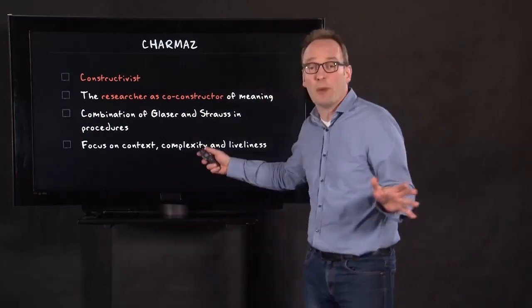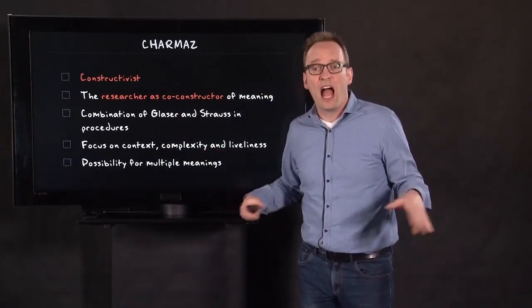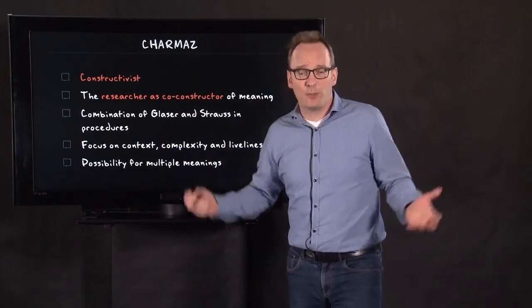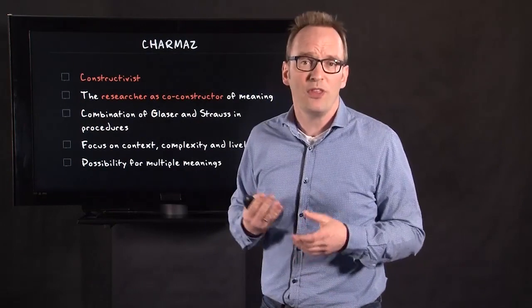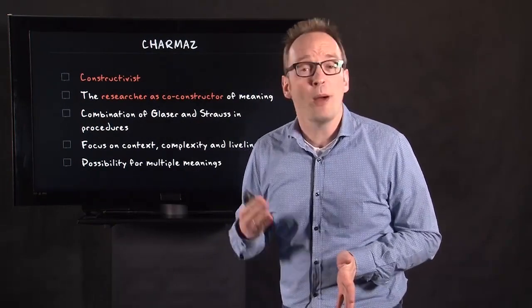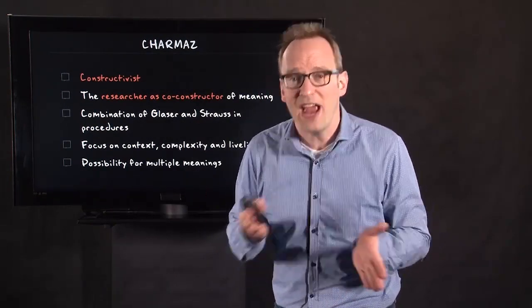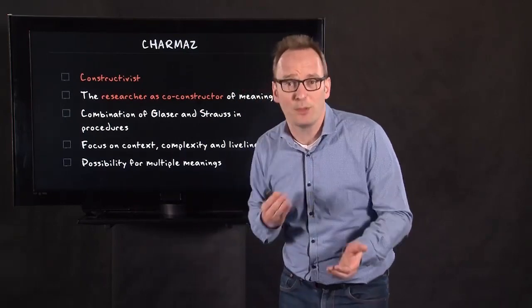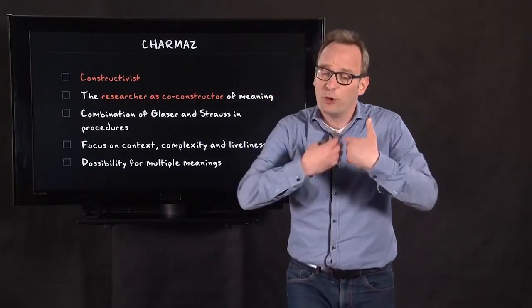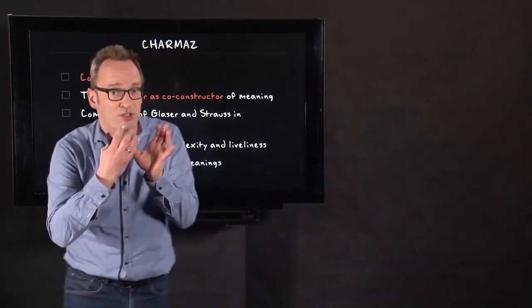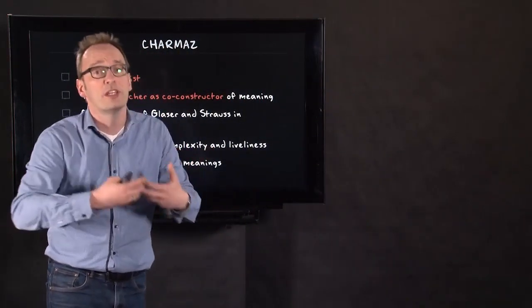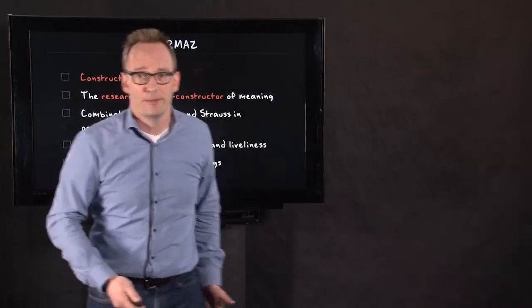And it's focusing much more on description as well. And it gives the possibility of multiple meanings, so probably even multiple theories. You come across multiple theories rarely, but there are these possibilities that, well, if you construct it in this way, you can see it in this way. Whereas if you construct it from another viewpoint, you see it from another viewpoint.